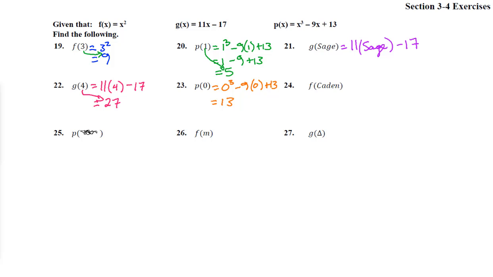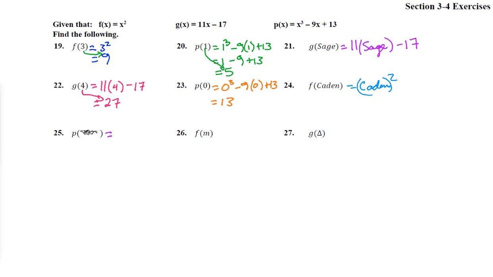Number 24, f of cadence. So we take cadence and stick it into the f function, everywhere an x is, which gives us cadence squared, whatever that means. All right, number 25. So we now get P of scribbles.